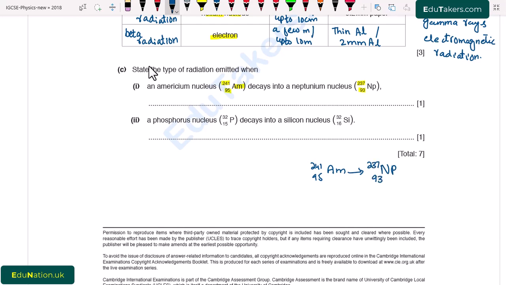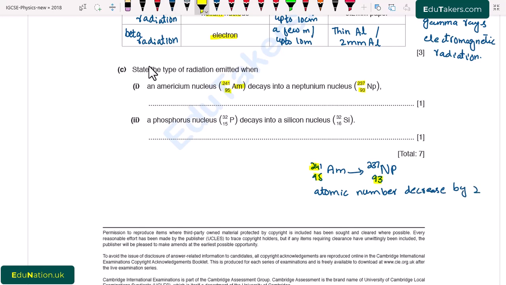So first of all, we have to check how the atomic number and mass number change. Here we can see that first of all the atomic number is 95 and mass number is 241. Then the atomic number changes and becomes 93. It means that the atomic number decreased by 2. Now we look at the mass number.